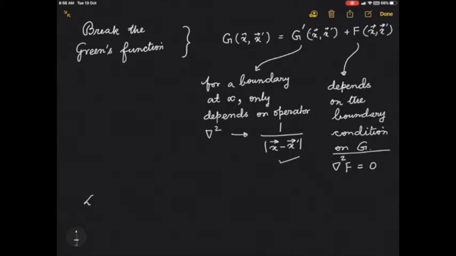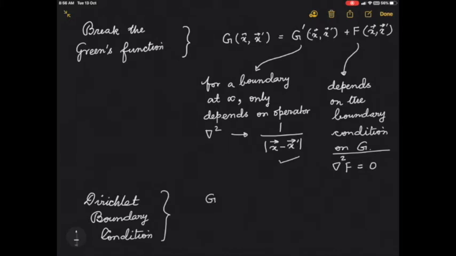What do I do? Okay, so let us now choose a particular type of boundary condition, because that is what we will discuss today mostly, which is Dirichlet boundary conditions. As we have been saying, the choice of the boundary condition on G is on us, and in this case we choose G equals 0 at the boundary.